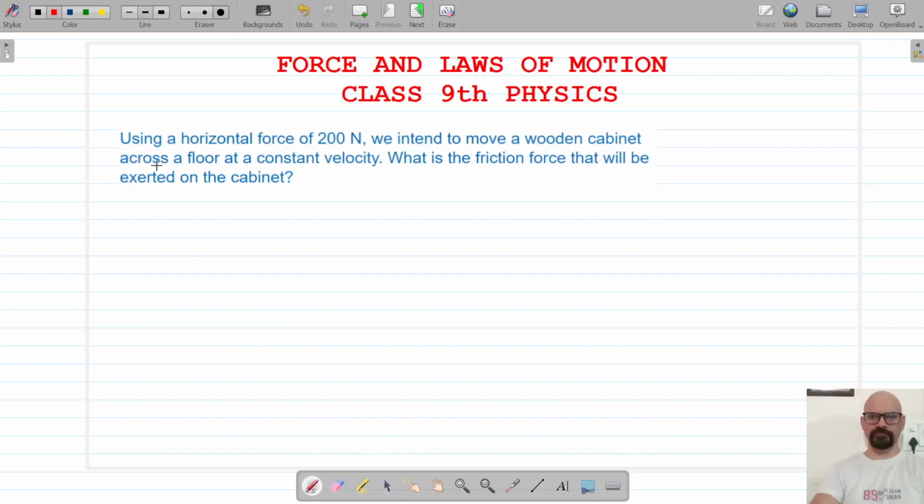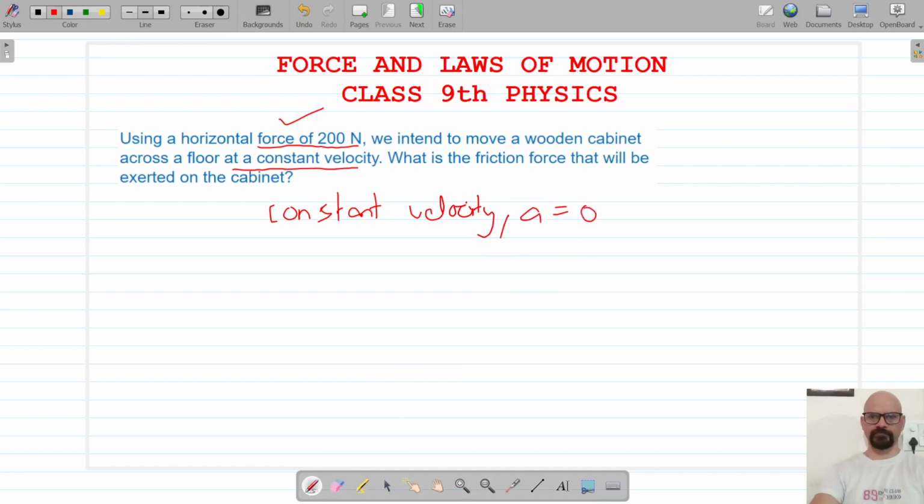Okay, the next question is given that using a horizontal force of 200 Newton, we intend to move a wooden cabinet across a floor at a constant velocity. So constant velocity means that the acceleration is zero, because acceleration is the rate of change of velocity.